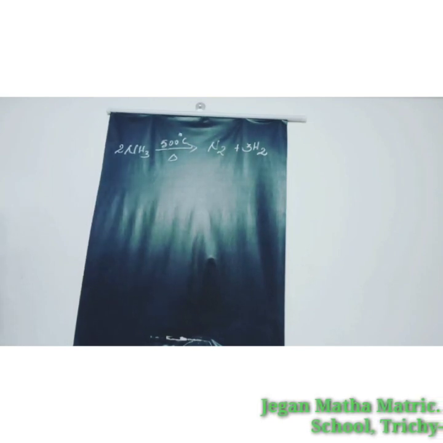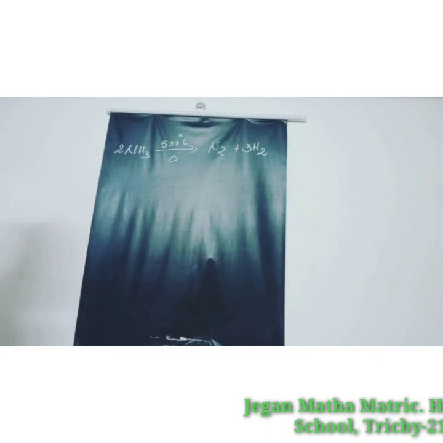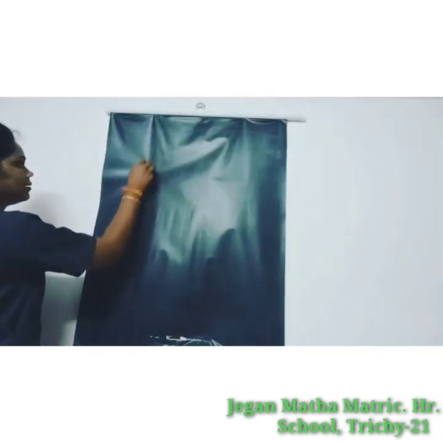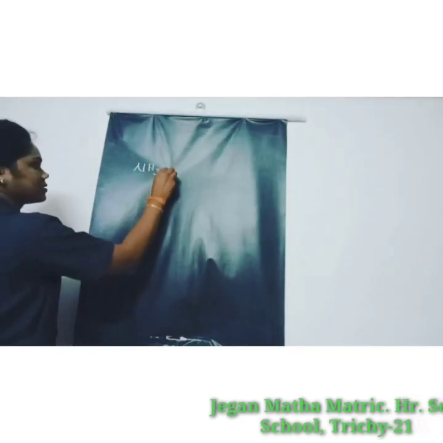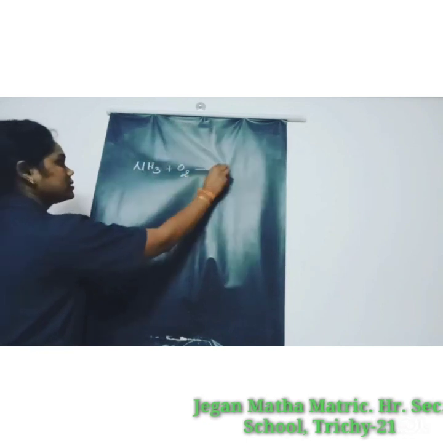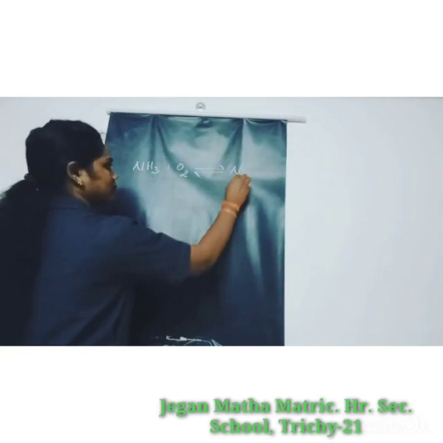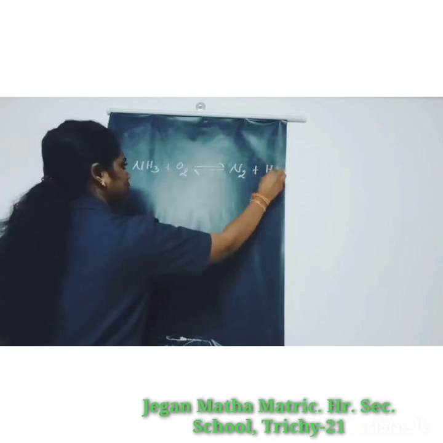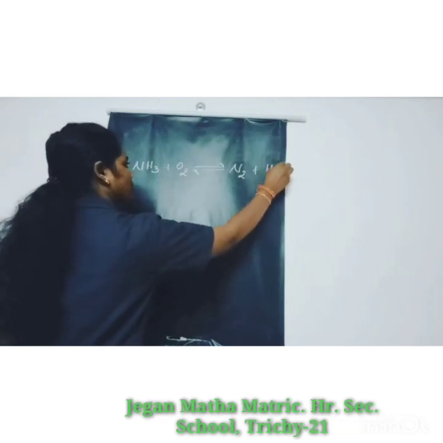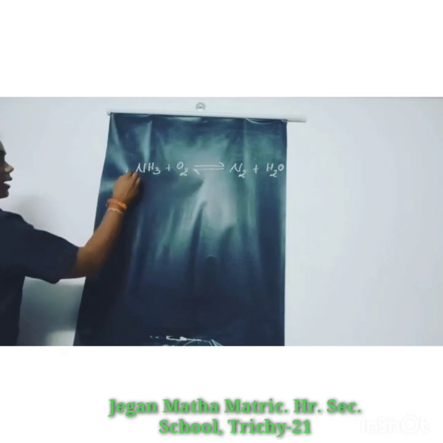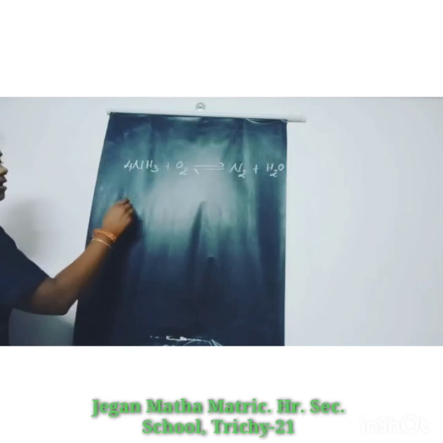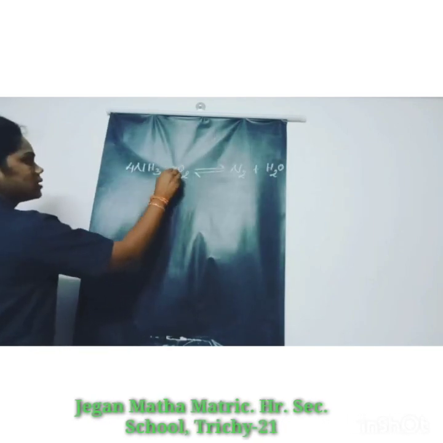Okay, let us see the equation. Ammonia and next one is oxygen. This is a reversible process. It gives nitrogen and water molecules. Okay, how is the equation balanced? Here you take 4 times of ammonia and 3 times of oxygen.